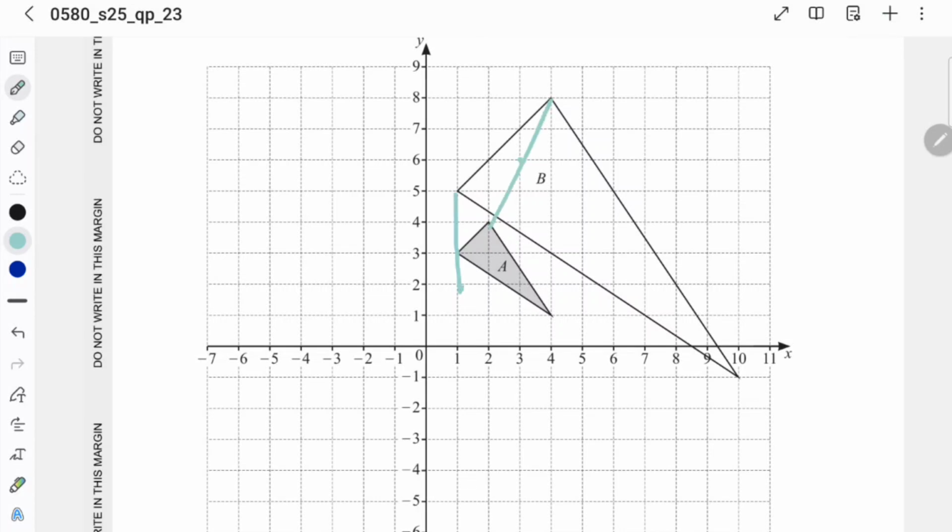Take your ruler, and after joining these two, you can see from there as well. If you want, you can join these too, so they all meet at one point. So the center of enlargement is 1, 2.